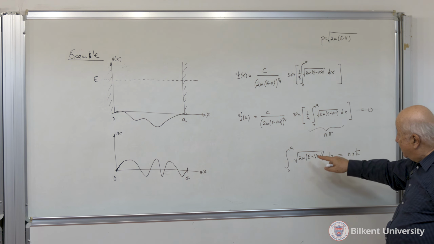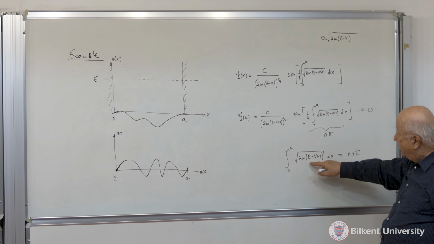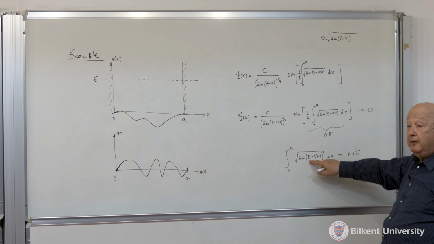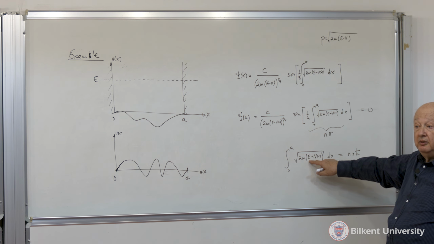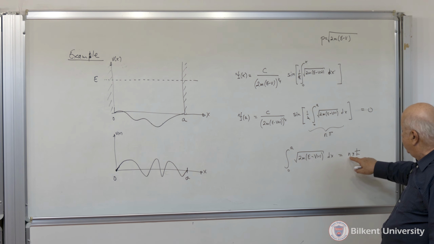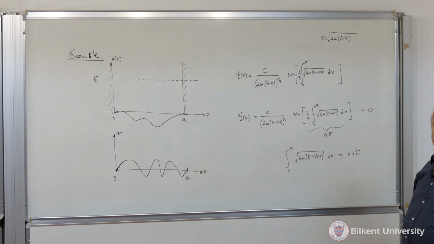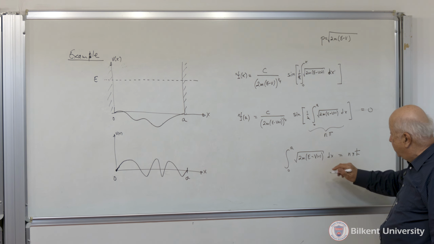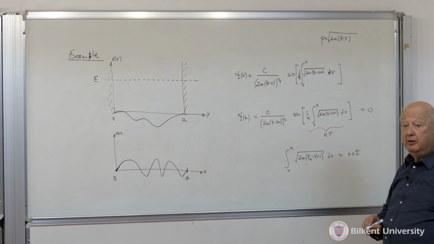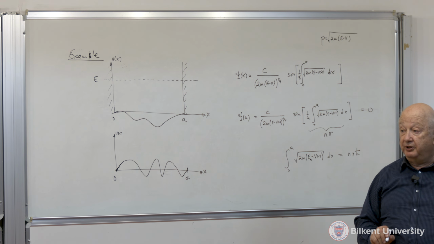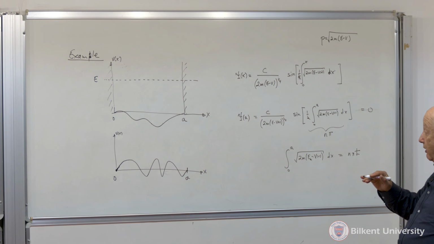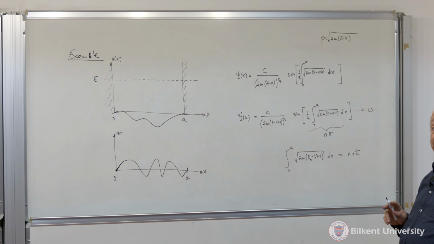So I have to adjust this value of e inside the integral so that I'm going to get n pi times h bar. And depending on which n I hit, that's going to give me the energy. So that's how I find the discrete energy values.